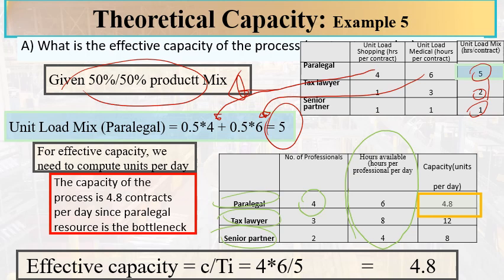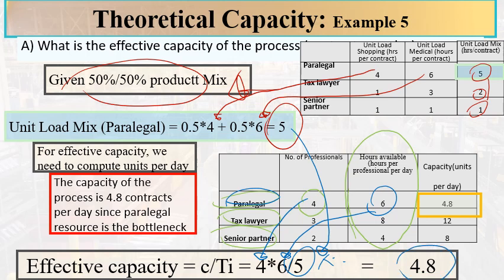So let's start with the paralegals, and it's 4. And then we multiply it by 6. This is new. We multiply by 6 because each resource pool is working different hours. And then we divide it by TI, and we get 4.8.